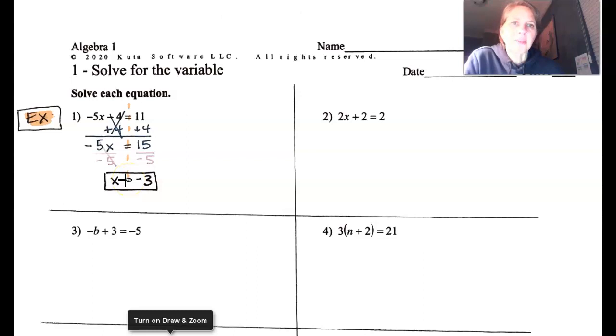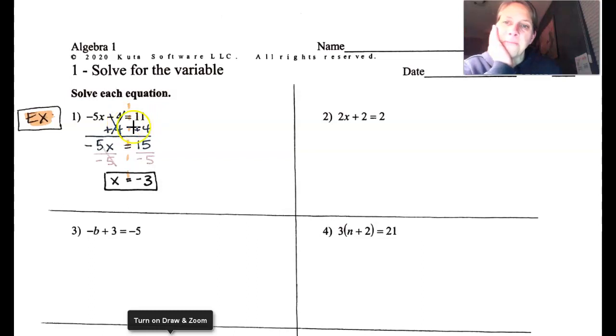So that's just to help us with the balancing aspect of it. And then we have one side of the equation and we have a second side of the equation. So balancing the equation just means that whatever we do to one side of the equation, we have to do to the second side of the equation. So we need to do the same thing to both sides of the equation.